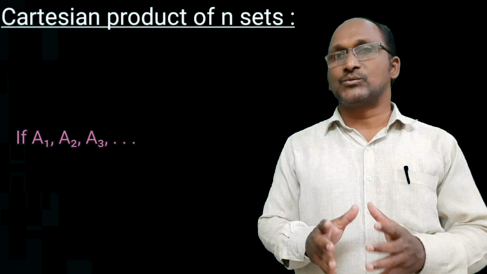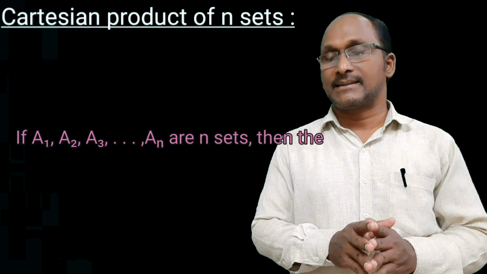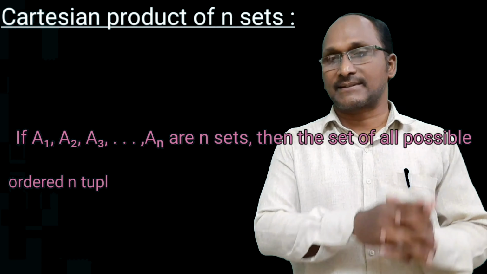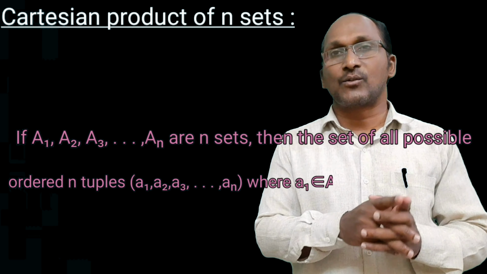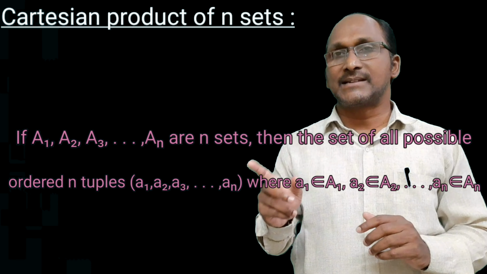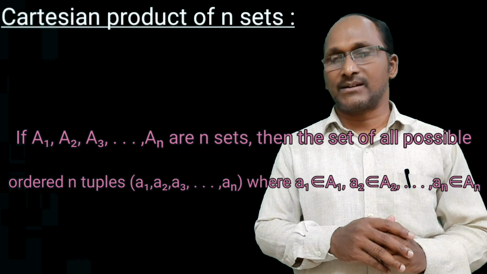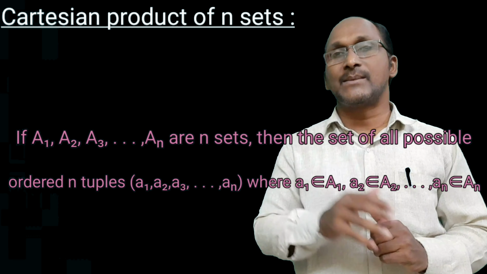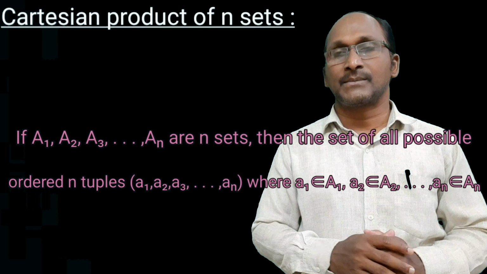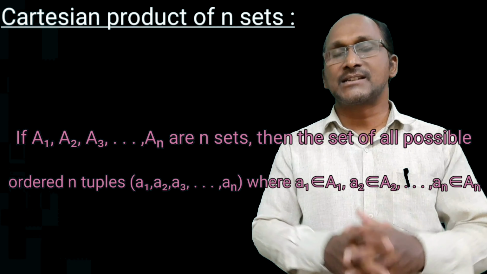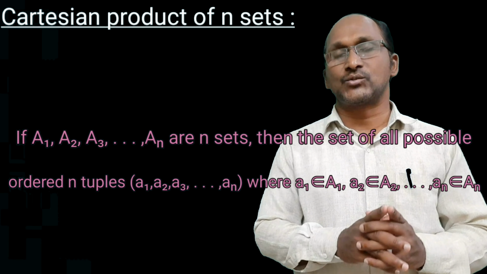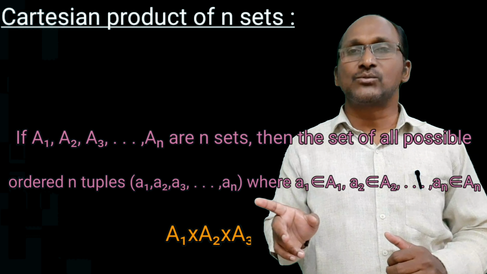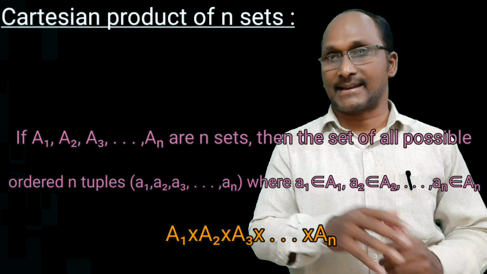If A1, A2, A3 and so on An are n sets, then the set of all possible ordered n-tuples (a1, a2, a3, and so on an), where first element a1 belongs to set A1, second element a2 belongs to second set A2 and so on, nth element an belongs to nth set An, is defined as the Cartesian product of the sets A1, A2, A3 and so on An. It is denoted by A1 cross A2 cross A3 and so on cross An.